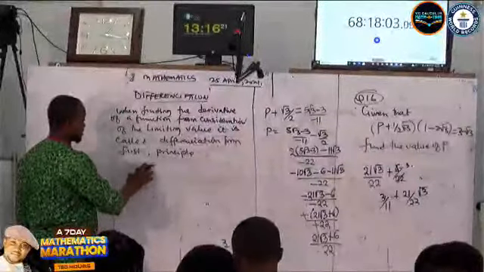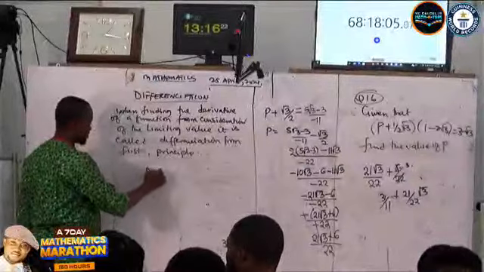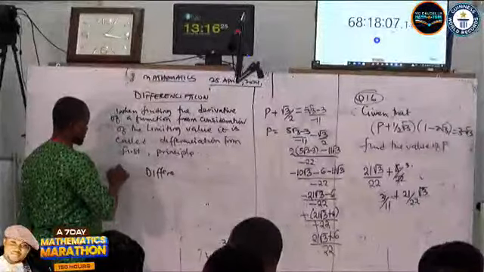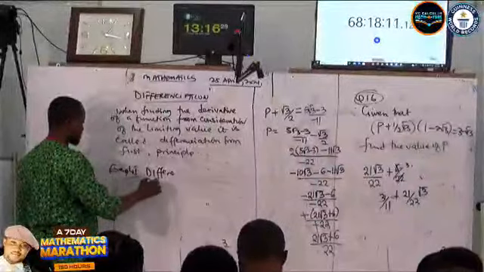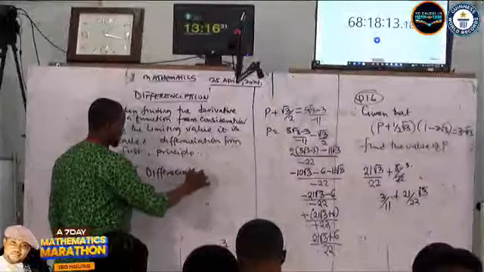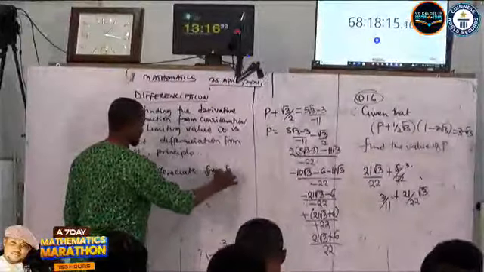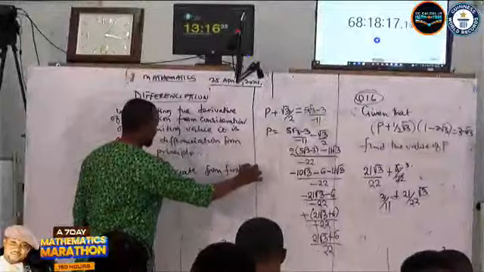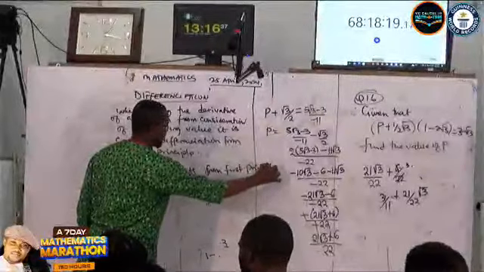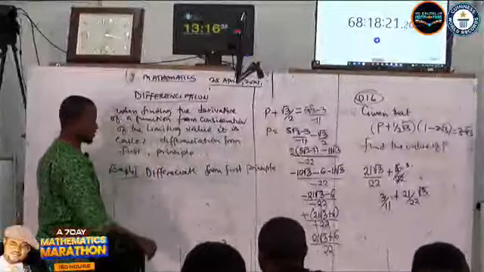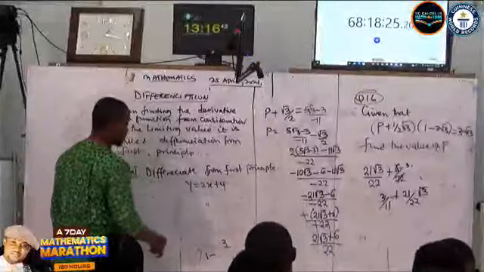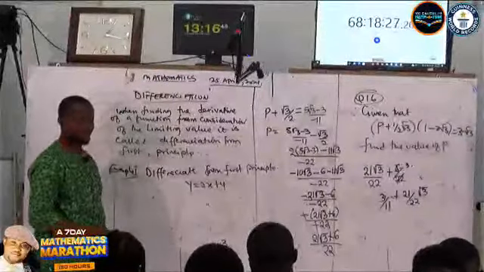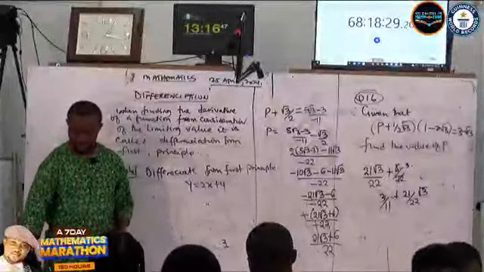and you're asked to differentiate from first principle y equals 2x plus 4, you have to differentiate that.